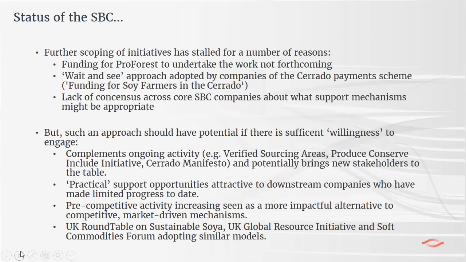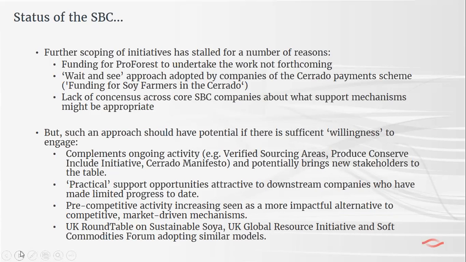As I mentioned earlier, however, further scoping of initiatives has somewhat stalled since mid-2019 for a number of reasons. So this is essentially as far as we've now got within the Soy Buyers Coalition. One of the primary reasons for this slight hiatus was that a lot of the selected municipalities that we'd identified overlapped with the Cerrado biome.